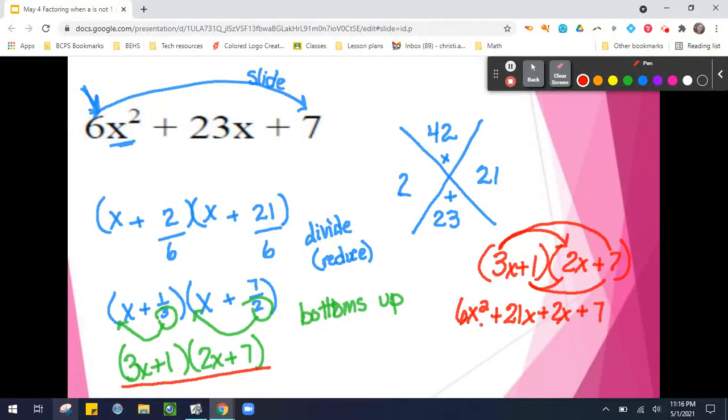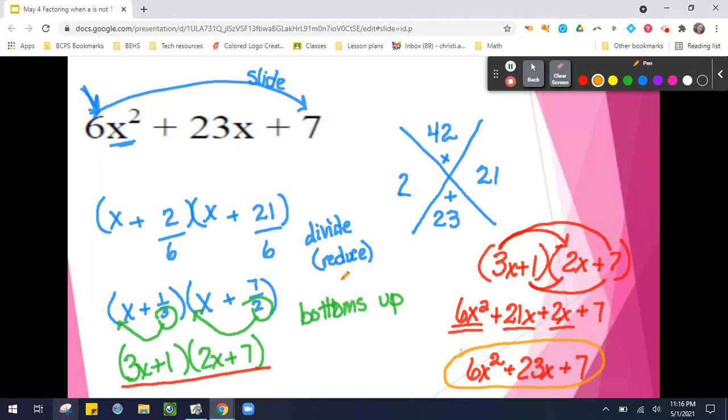If I do the underline method, I will see that I have two things that can combine. 6x squared has two underlines, stays by itself. 21x plus 2x is 23x. And then 7 also stays by itself. Hopefully you can clearly see that I ended up with 6x squared plus 23x plus 7, which is what I started with.